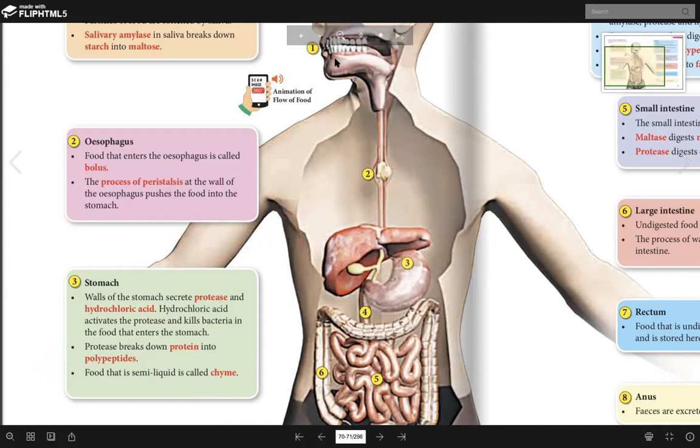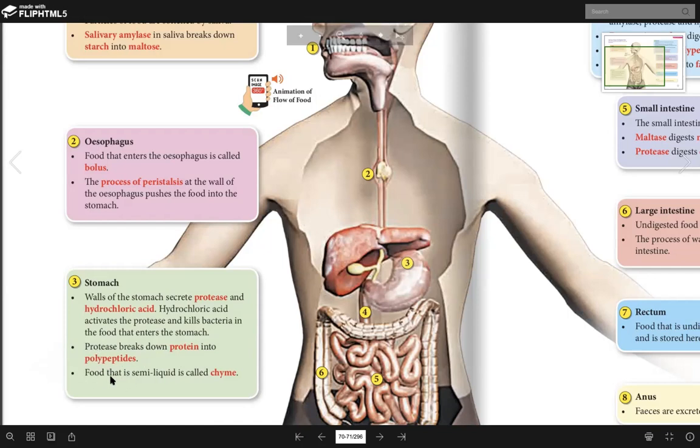Macam dekat mulut tadi, carbohydrate digestion happen. Kalau dekat stomach, protein digestion. So yang awak makan daging, awak makan ayam, ikan dan sebagainya, that contains protein. Okay, so protein will be digested into polypeptide using protease.